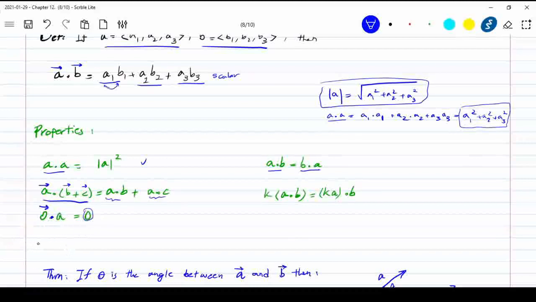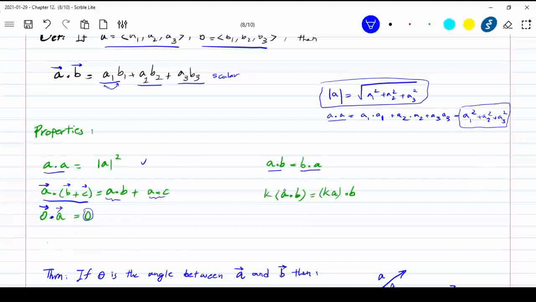If you had a scalar 0 times a vector a, then you would get three zeros as the entries. But here, the dot product between these two means you're multiplying the zero vector, where all three entries are 0, with a. If you multiply zeros to each component and add them up, you'll still get 0 as a scalar.